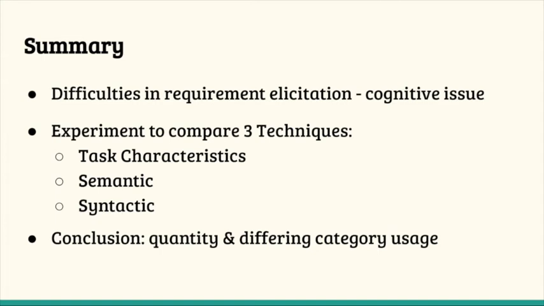And finally, the author concludes from the research that task characteristic technique is effective when eliciting requirements for some specific categories, but there is no advantage for it in the breadth of information elicited. They also conclude that there were no significant quantitative differences in the types of requirements elicited by each technique, which further suggests that there is no need to use more than one technique during the user requirement elicitation process.